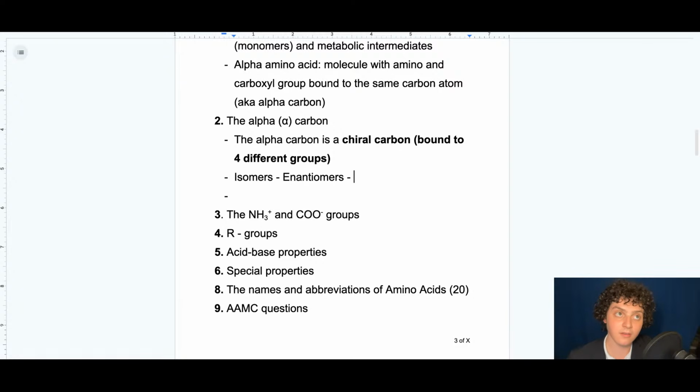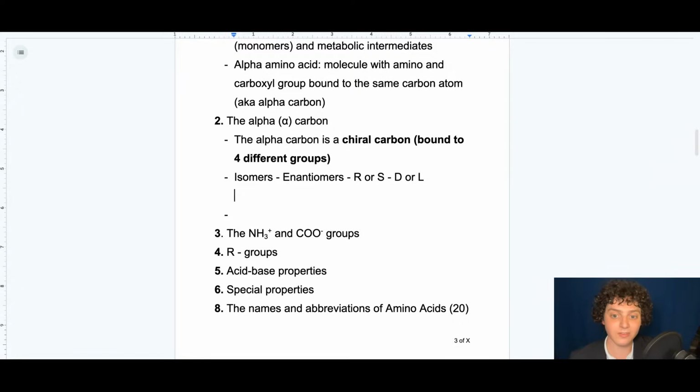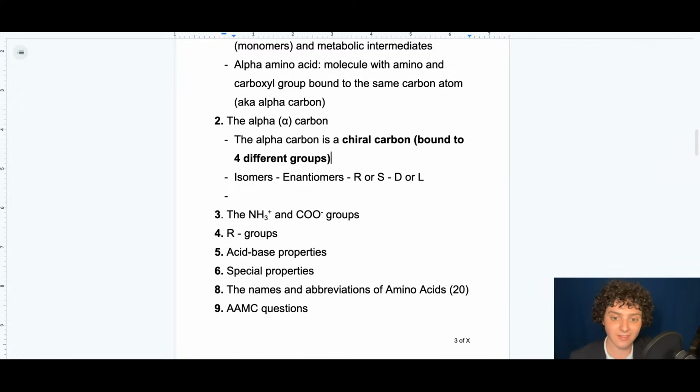And when it comes to categorizing enantiomers, there's the system of R or S. There's also the system of D or L. I'm going to explain both of these now and explain where amino acids fit in.